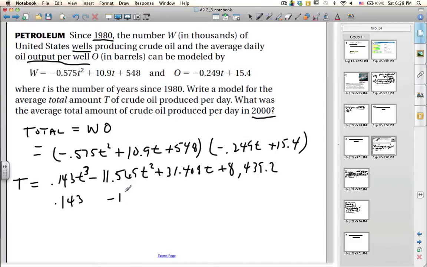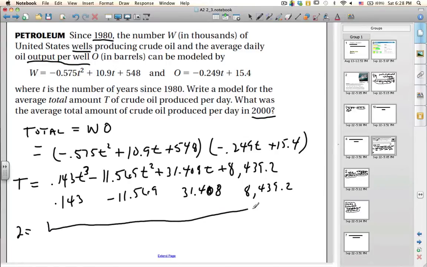0.143, negative 11.569, 31.408, and 8,439.2. And I'm going to multiply it times 20. Right, so this becomes 0.143.